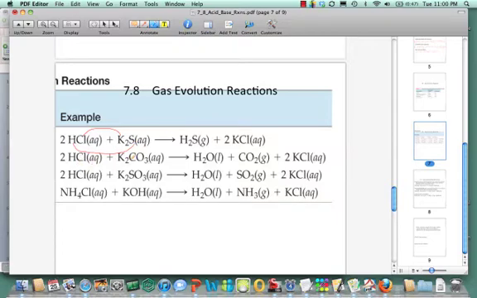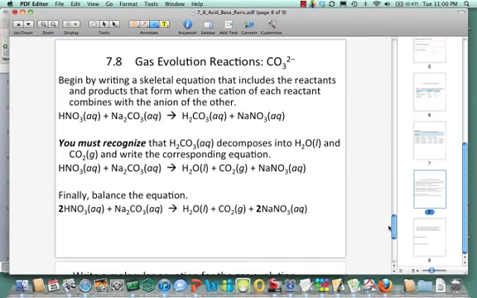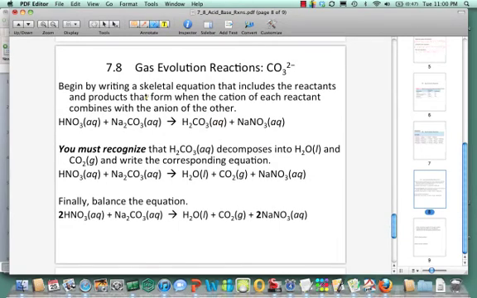If we have hydrochloric acid and potassium carbonate, then we're going to get hydrogen with carbonate and potassium with chloride, and we'll see how this forms water and carbon dioxide, how this forms water and SO2, and how this forms water and NH3 in just a second. Okay, so some gas evolution reactions.